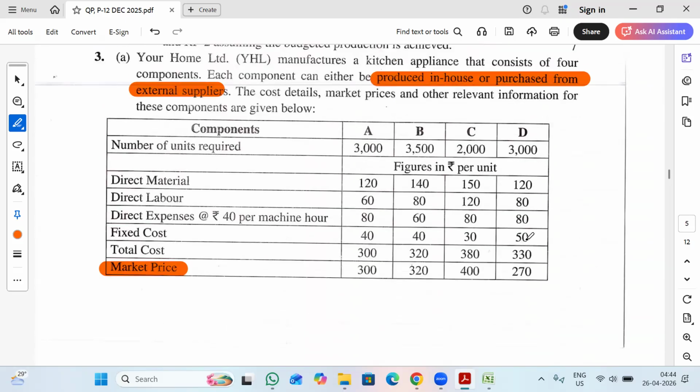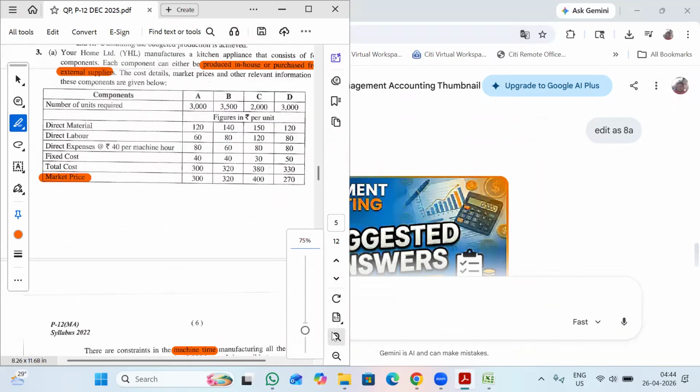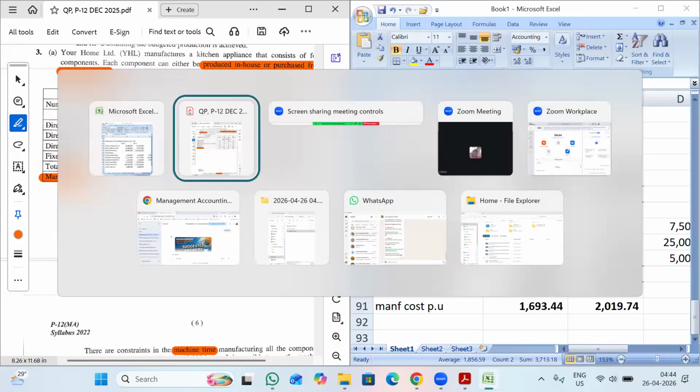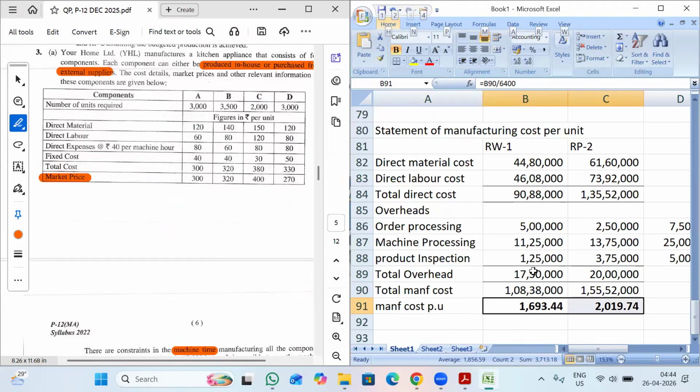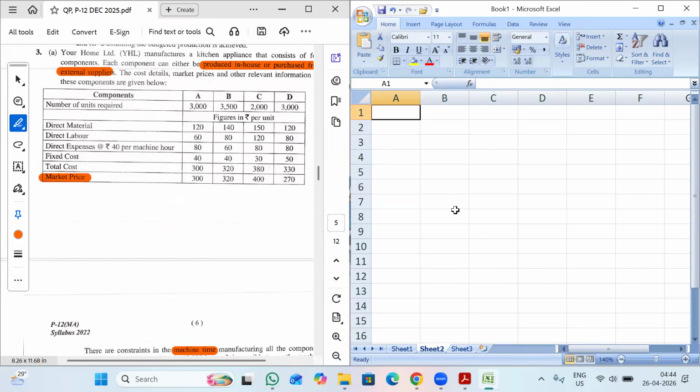So now let's calculate savings first. That is our first calculation here. I am having 4 products.